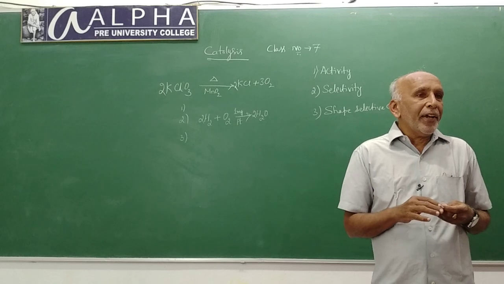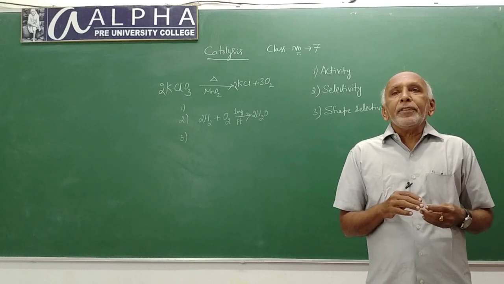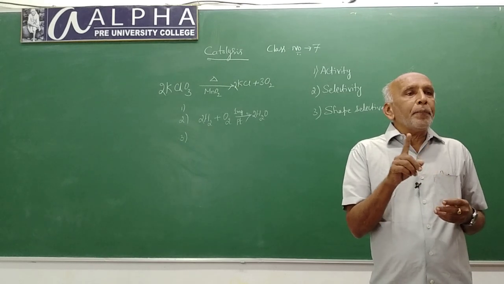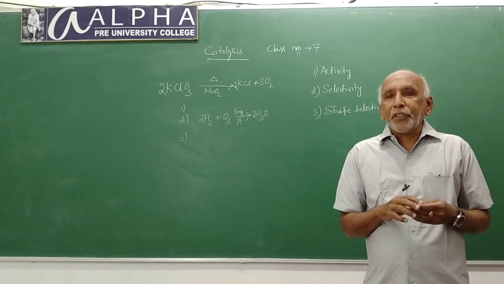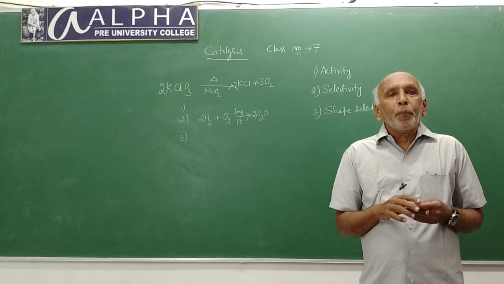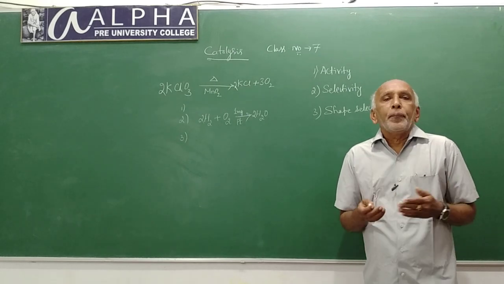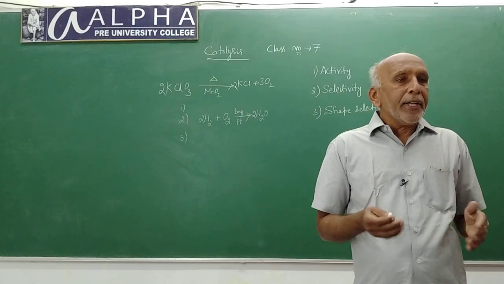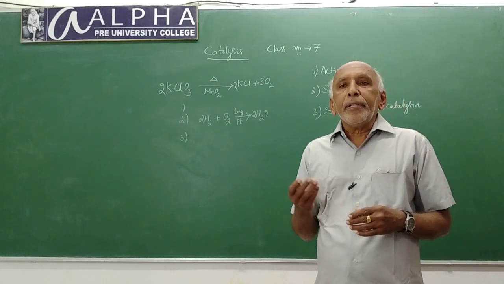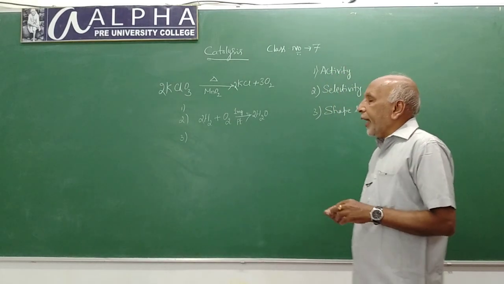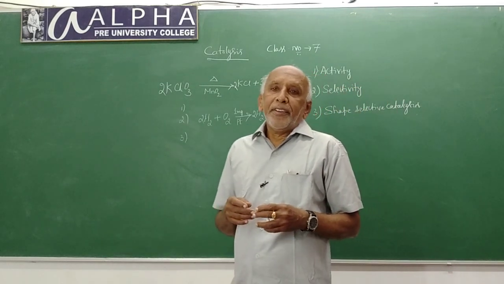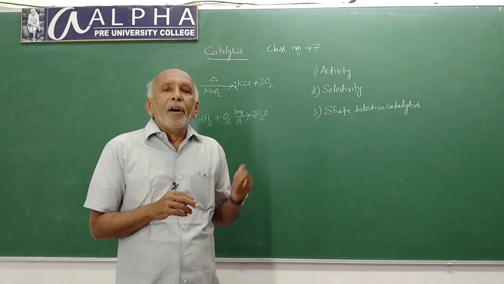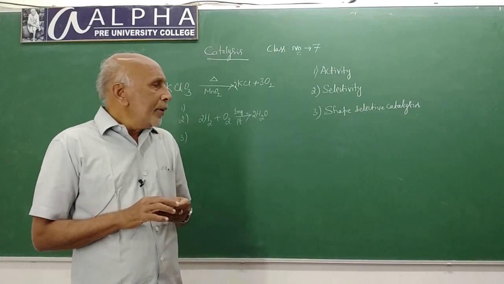It is important one. Catalysts do not alter or change the equilibrium state of reversible reaction. In fact, catalysts help to attain the equilibrium state more quickly by increasing the rates of forward and backward reactions equally. It is important characteristic of catalyst.